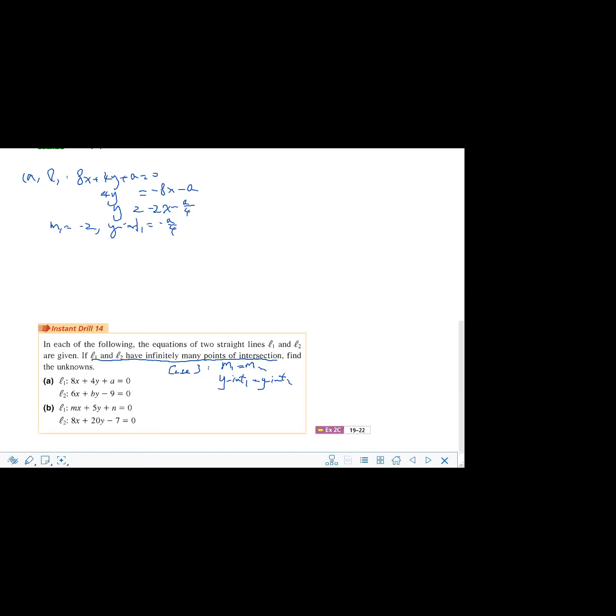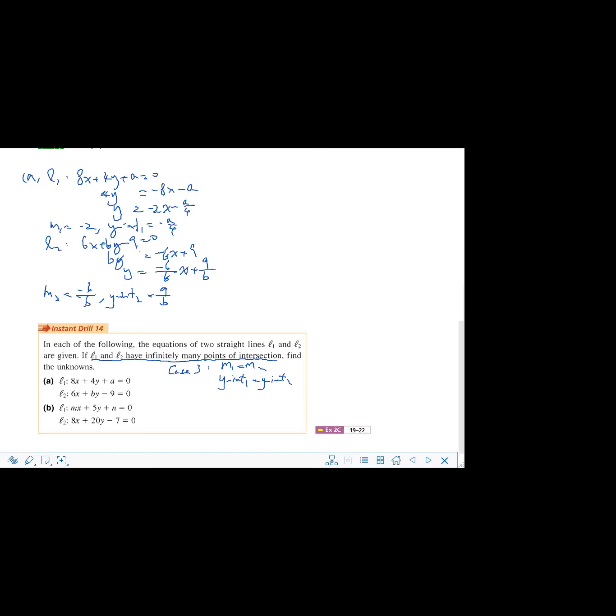And then for L2, 6x plus by minus 9 is equal to 0. Then by is equal to negative 6x plus 9. So y is equal to negative 6 over b x plus 9 over b, which means that m2 is equal to negative 6 over b, and y-int 2 is equal to 9 over b.